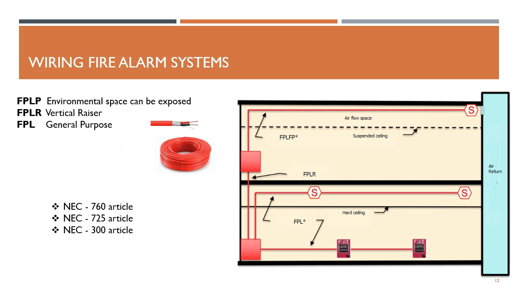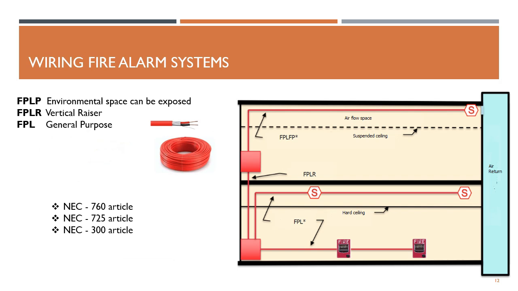For all wiring issues, wiring forms, wiring rules, you will not find information in the NFPA 72 code. These are electrical issues and we must find them in the NEC code.